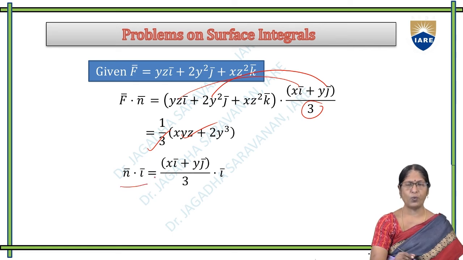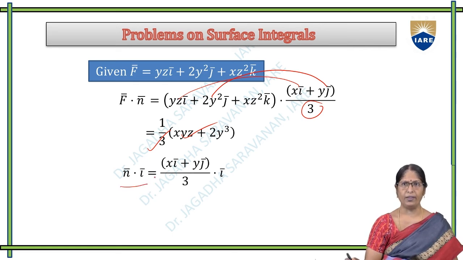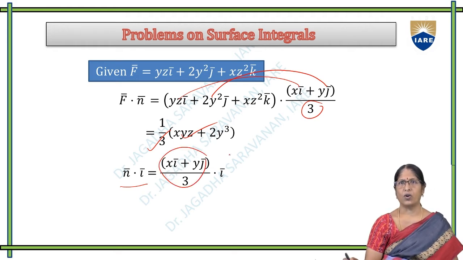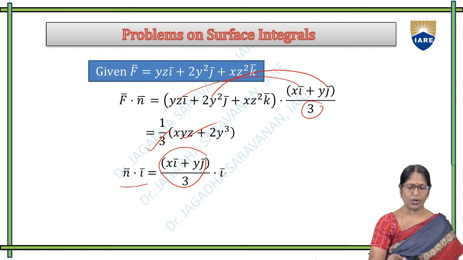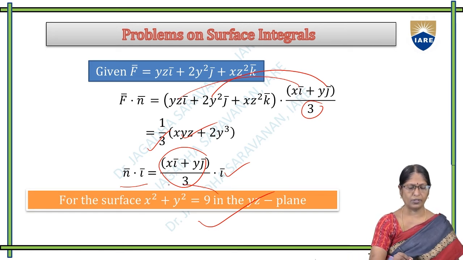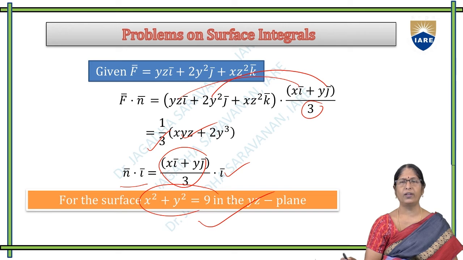Next we are evaluating n dot i. This is our n, the normal vector, dot i. We put the surface condition here in the YZ plane.